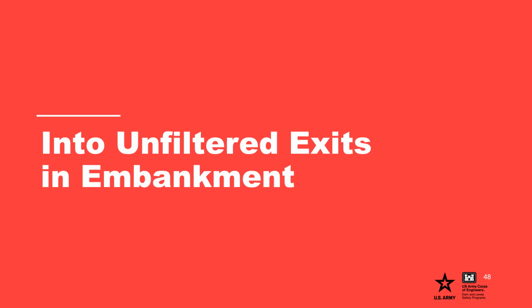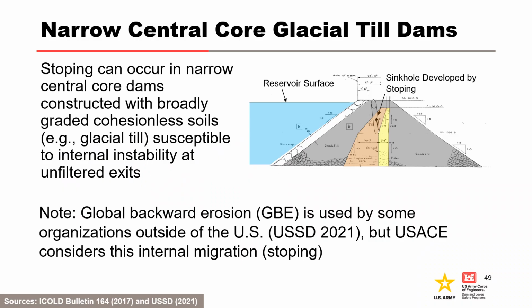To wrap up, we have a few slides on internal migration into unfiltered exits within the embankment. Stoping can occur in narrow or even reasonably wide sloping or partially sloping central core dams that are constructed with broadly graded cohesionless soils that are susceptible to internal instability if they're not properly protected by filters or a transition zone.